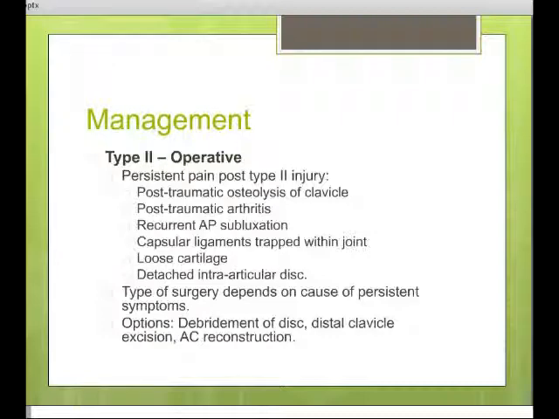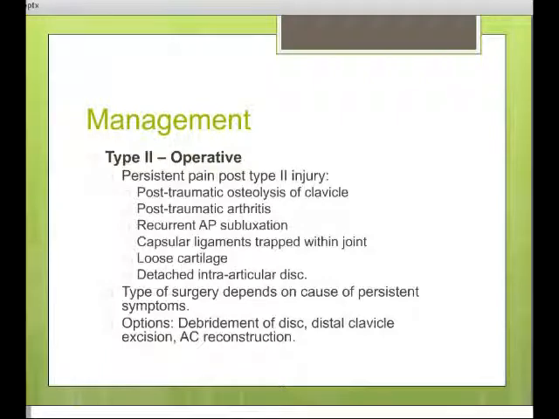Some of the causes are post-traumatic osteolysis of the clavicle, post-traumatic arthritis, recurrent subluxations in the anterior-posterior plane. The capsular ligaments can sometimes be trapped within the joint, loose cartilage, and a detached intra-articular disc. And the options for treatment depend on the actual problem.